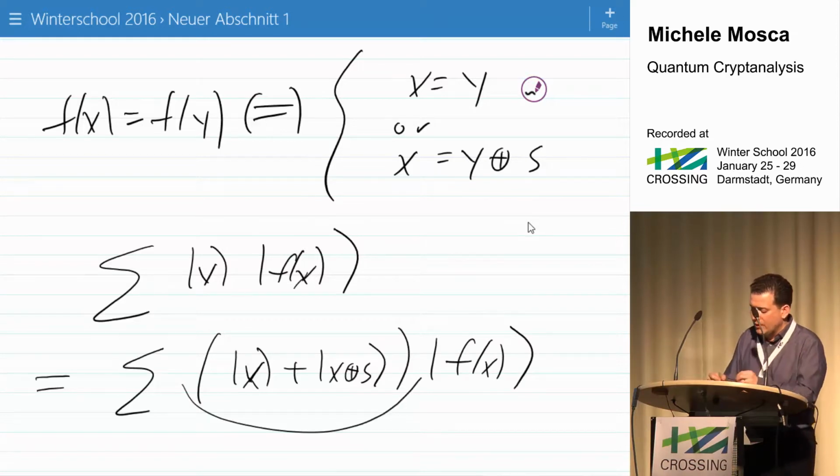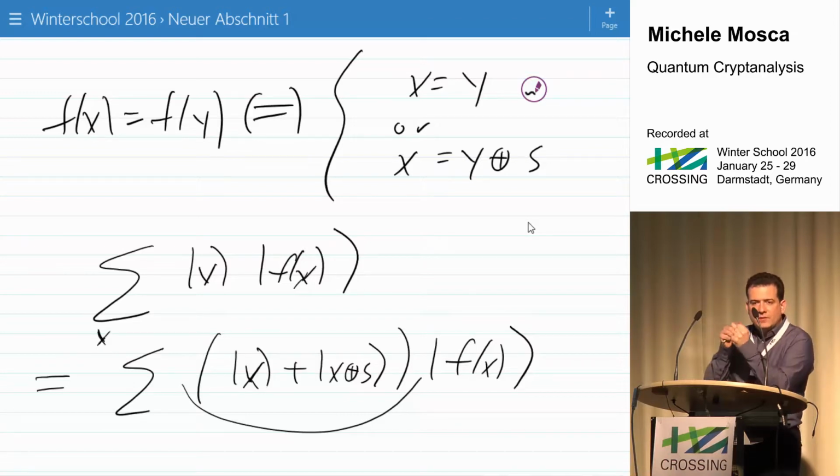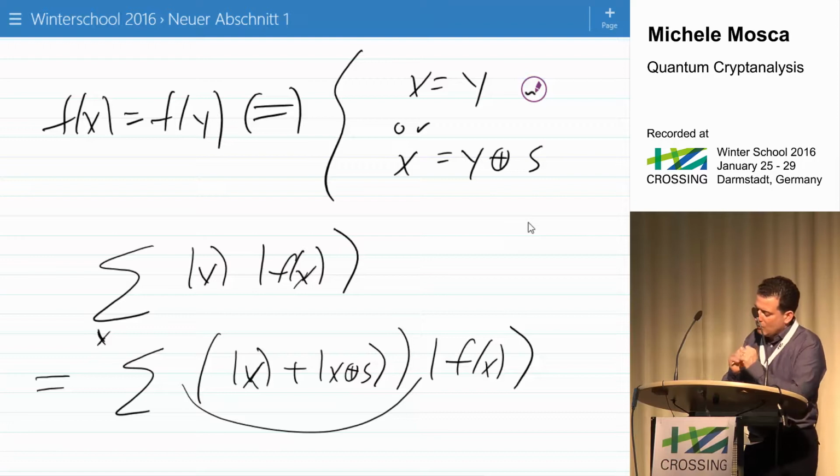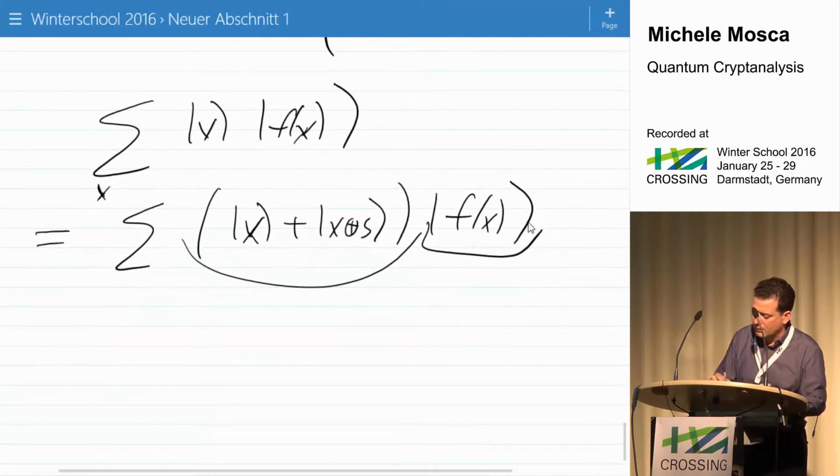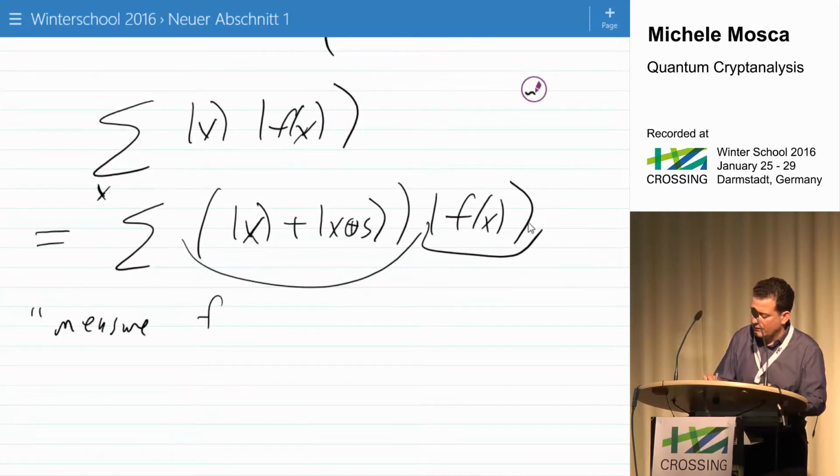Here you're summing over all x, and here you're summing over one representative from each of these cosets. So then Simon said, well, what if you measure this register? Measure the f of x register.